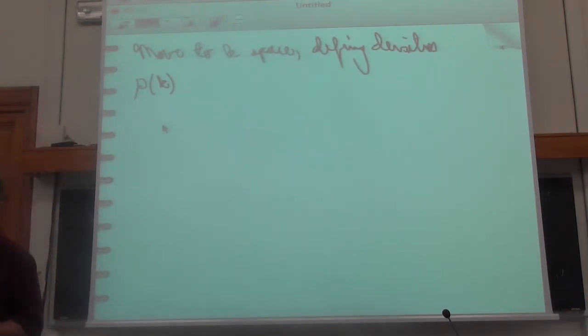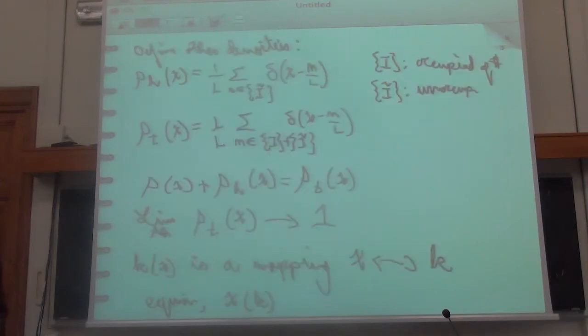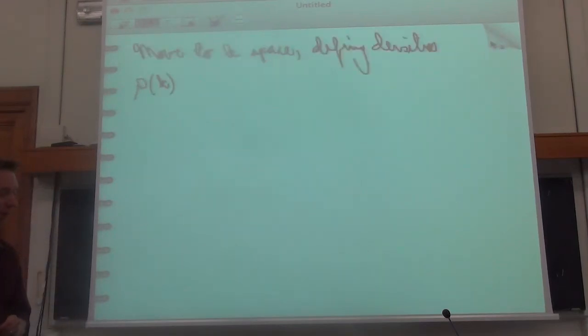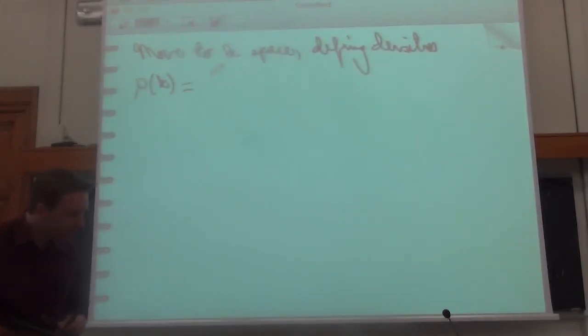Because we've defined the density in terms of these delta functions, and we know the transformation rule for delta functions, we can write this rho of k simply as rho of x of k, with dx of k over dk.